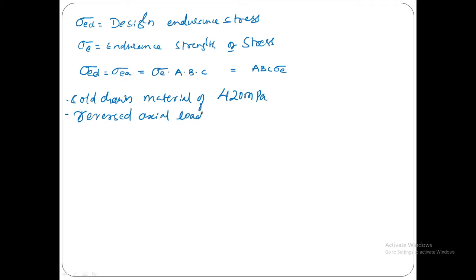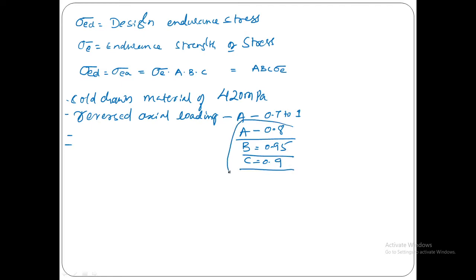Let us consider it has some size and some surface factor. For reversed axial loading, you can select a value of A from 0.7 to 1. In this case I will go for A equal to 0.8, B equal to 0.95 and C equal to 0.9.